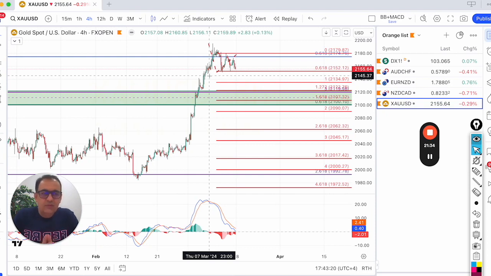But for the upcoming week, the immediate plan is not to get engaged in a sell trade, because my plan is bullish. So I'm not planning to trade gold counter trend. I'll be waiting for this downward correction to be over. Rather, I'll be accumulating my positions in the buy direction. So this is my plan for the upcoming week.